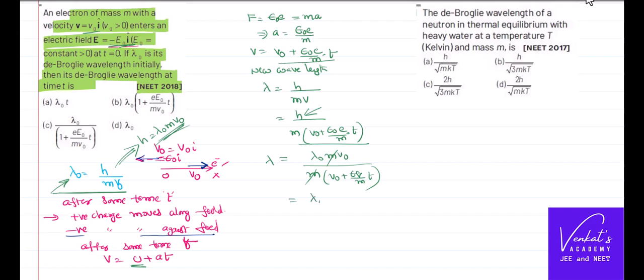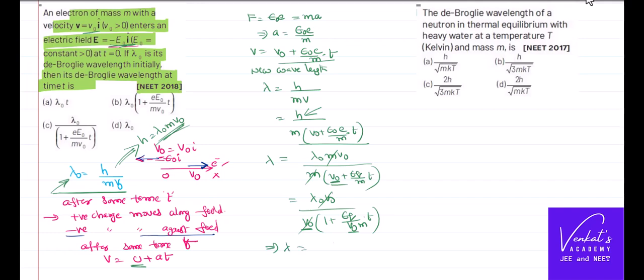Now in lambda naught v naught, let us take v naught common here, because the answers are in that format, 1 plus eE naught by m v naught into t. There is no v naught here, so I have multiplied and divided; the multiplied value is outside, so the divided value has to be available here. This is the equation. Now v naught and v naught can be cancelled.